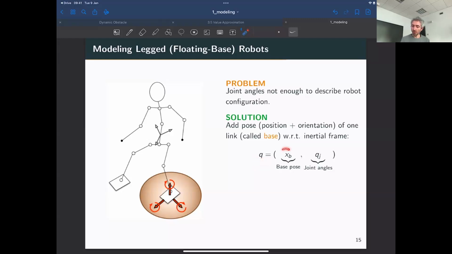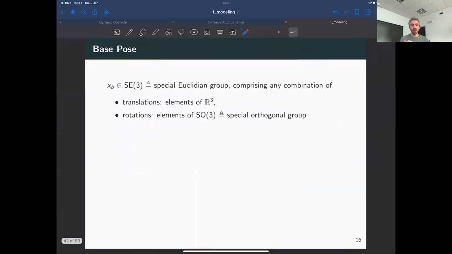So now let's dig a bit deeper into what's inside this XB. This XB needs to represent both the position and the orientation of one of the rigid bodies of the robot. So to represent the configuration of a rigid body, we need an element of the SE3 space, the special Euclidean group.